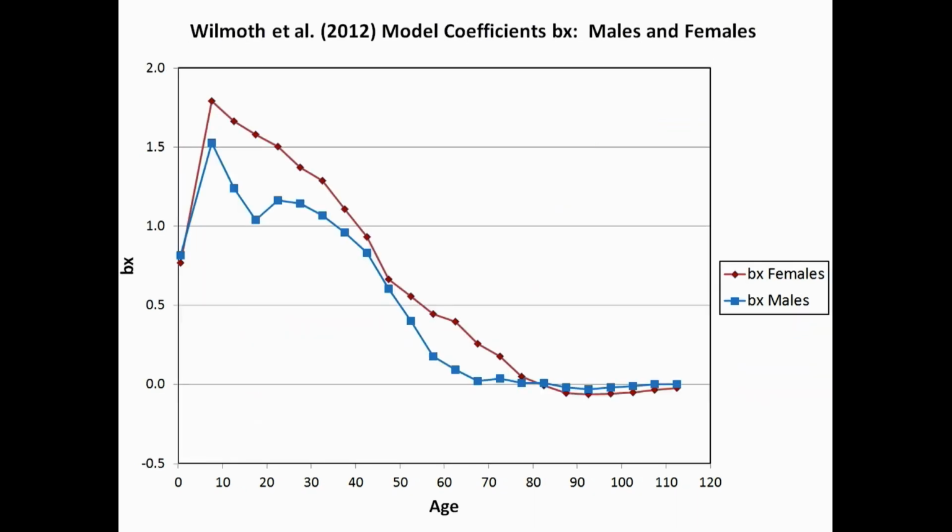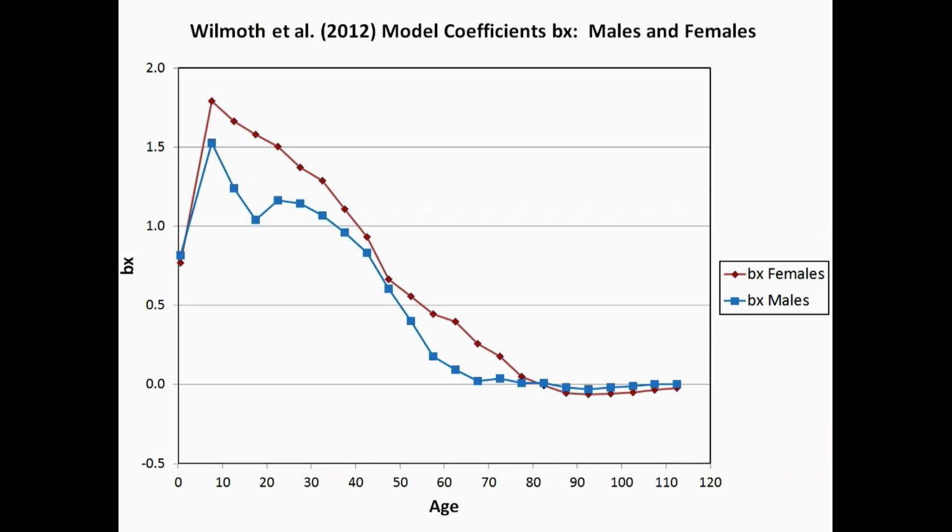Then here's BX, that's the linear term applied to H. It also looks like an upside-down mortality schedule. If you picture rotating this 180 degrees on the y-axis, you'll end up with something that you might think looks like a mortality schedule.